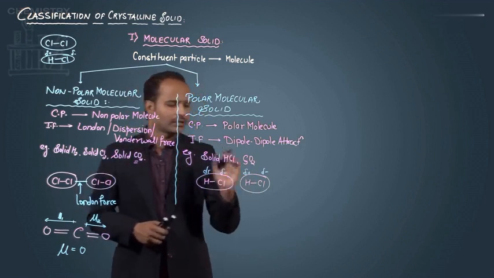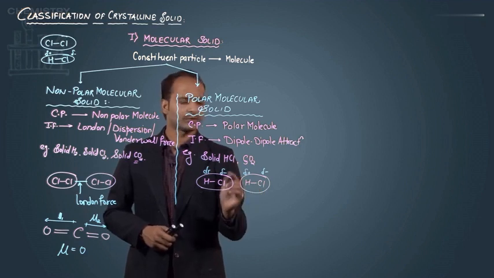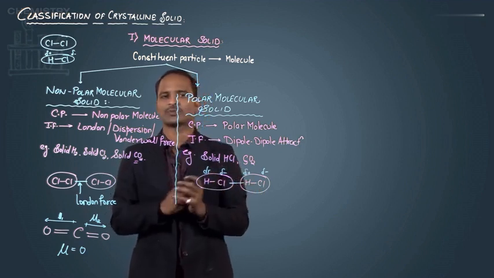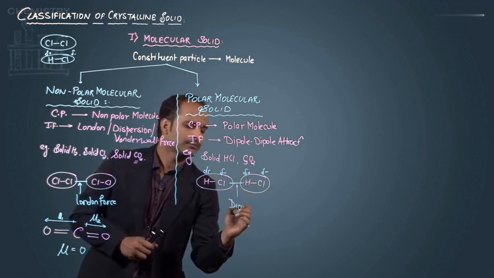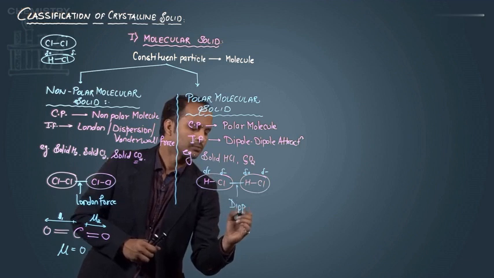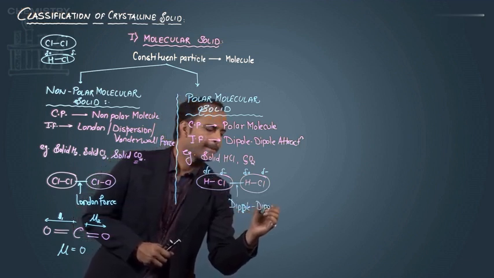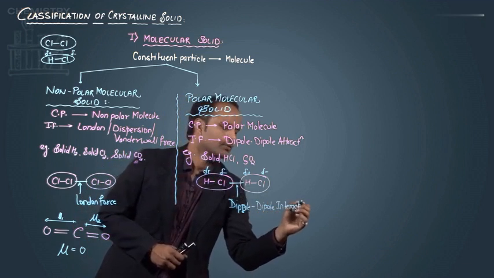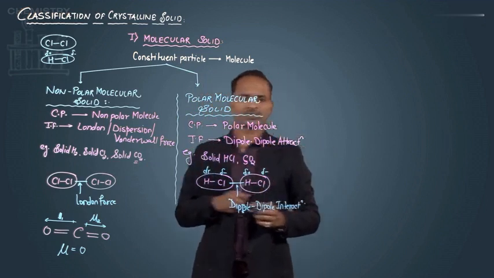So the negative part of this molecule will start attracting the positive part of the other molecule, and hence the attraction exists between them, and that attraction is called dipole-dipole attraction. So it is called a dipole-dipole interaction in the case of a polar molecular solid.